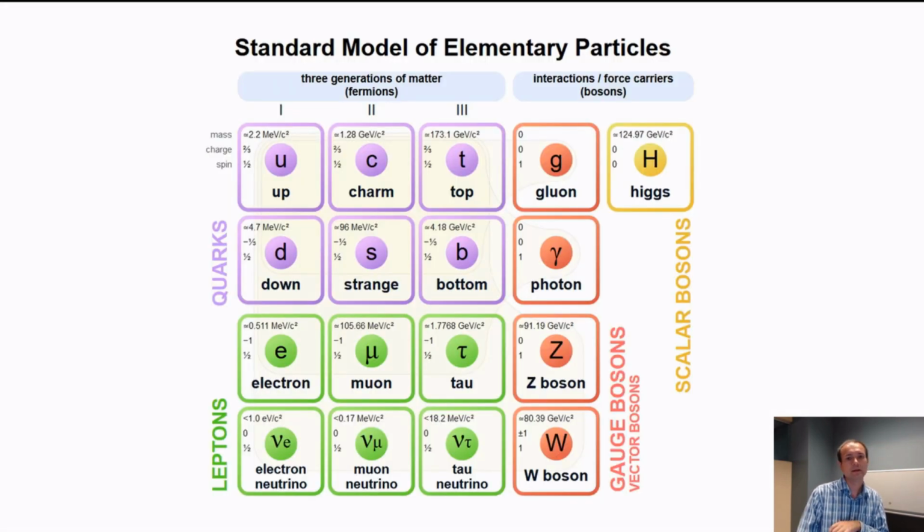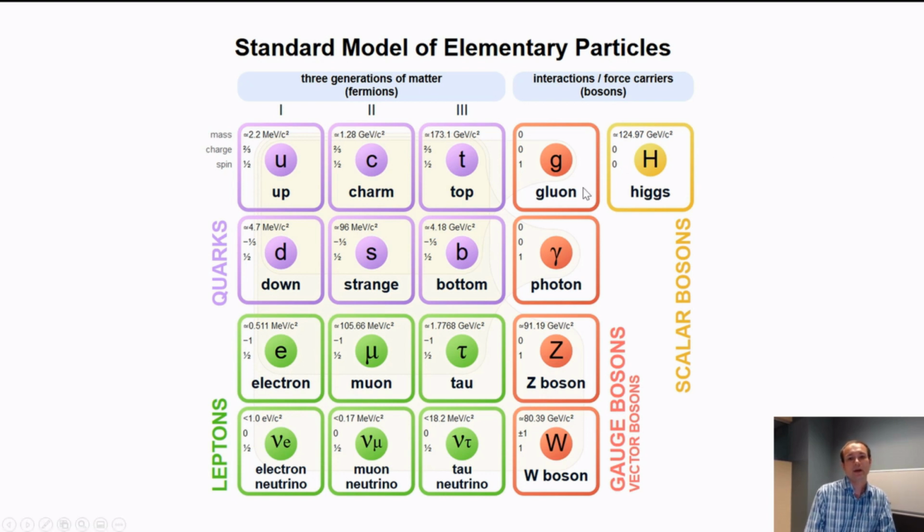Scientists came up with a quite beautiful standard model for elementary particles. Each particle is actually built from smaller building blocks essentially, and we have all these different types of particles. Recently we confirmed the Higgs boson on the right.